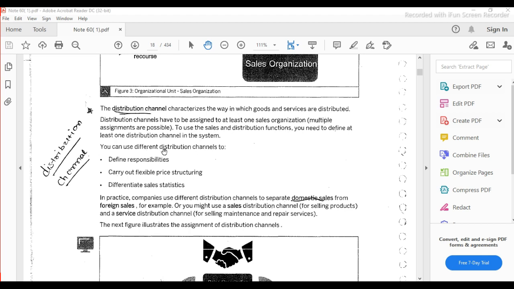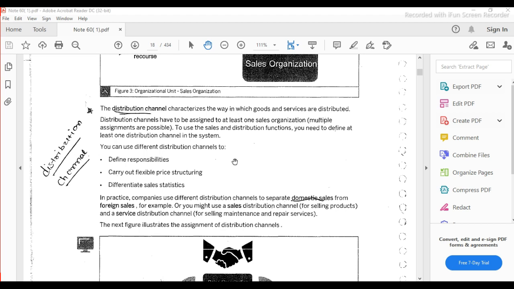Already explained: you can differentiate the distribution channel based on responsibility. How can you differentiate it? To define the responsibility, to carry out a flexible price structure, and to differentiate sales statistics.